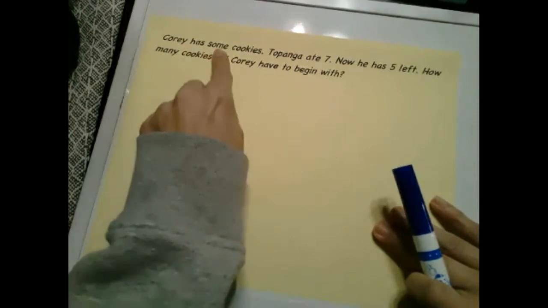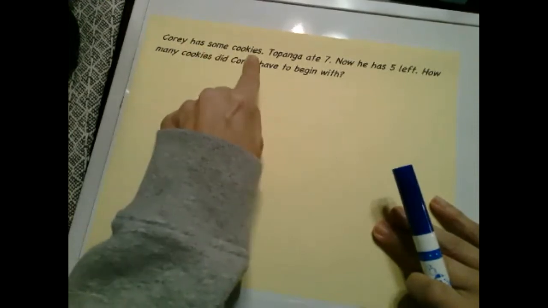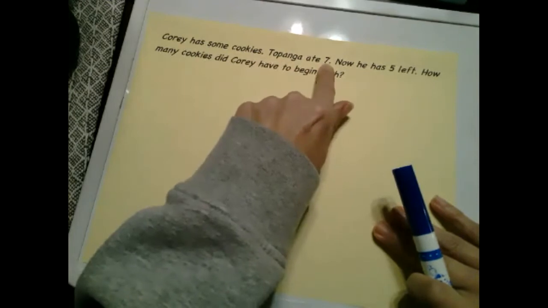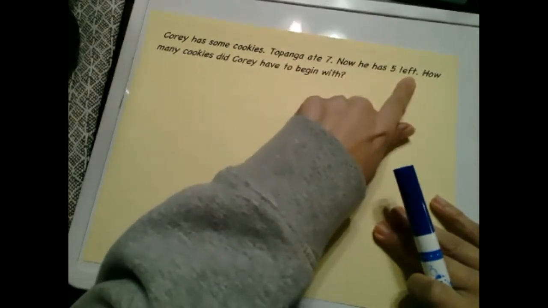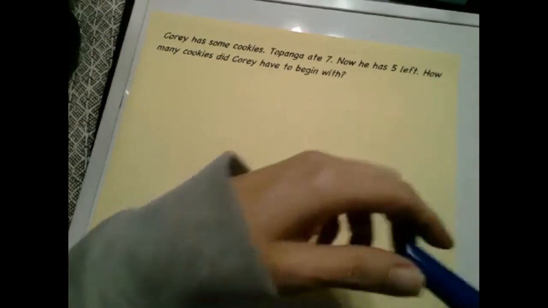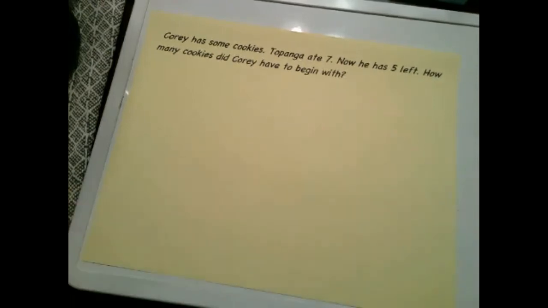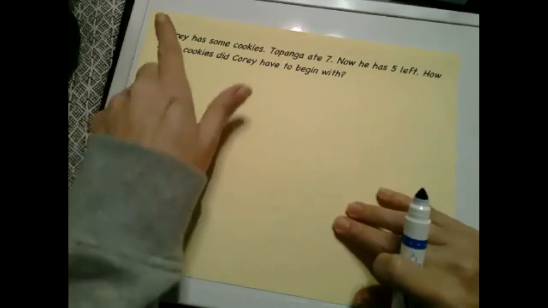Corey had some cookies. Topanga ate 7. Now he has 5 left. How many did he begin with? Do you see some clues that could help you to solve this problem? Let's go ahead and dive in.